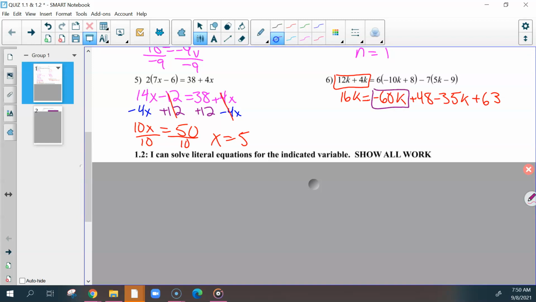Combine your like terms, negative 60 minus 35, again, another issue I saw doing inverse operations, so do exactly what it says. Negative 60 minus 35 would be negative 95K. And then 48 and 63 should have been 111.